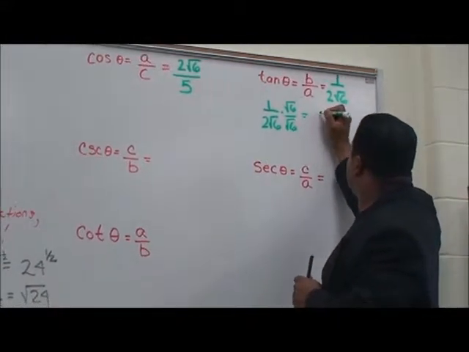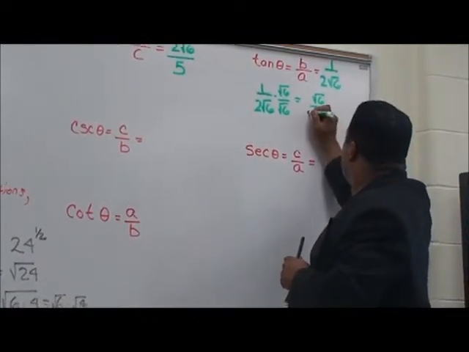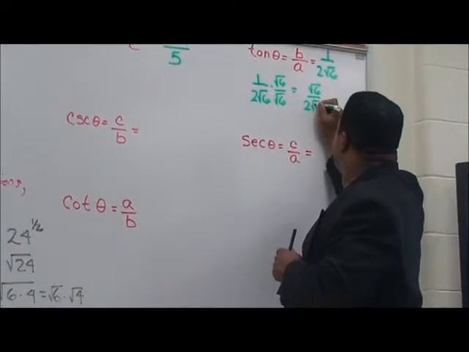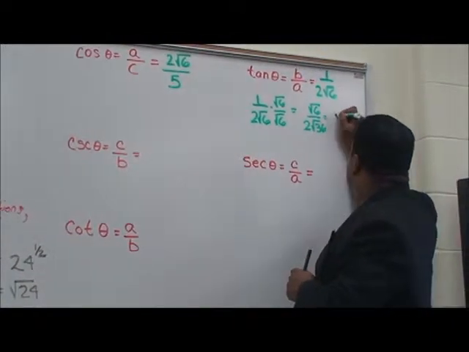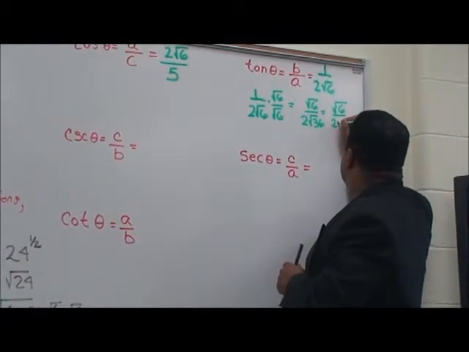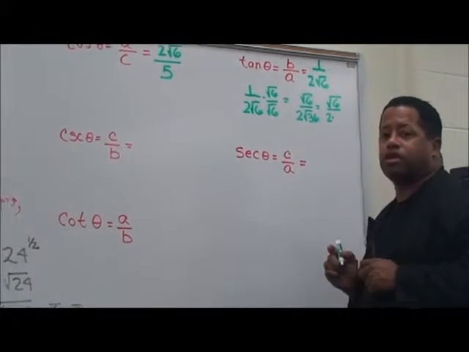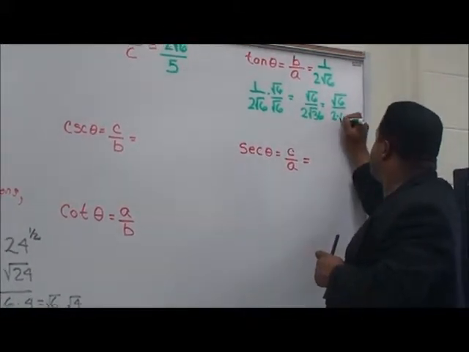So this equals the square root of 6 over 2 times the square root of 36. What's the square root of 36? It's 6.